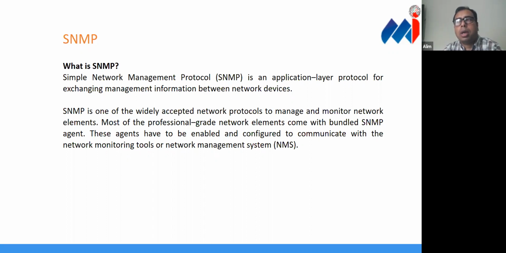Now how can this Nagios server or central monitoring server understand that this router or this thing has some problem? It uses the SNMP protocol for communication. SNMP protocol is running on all the devices.